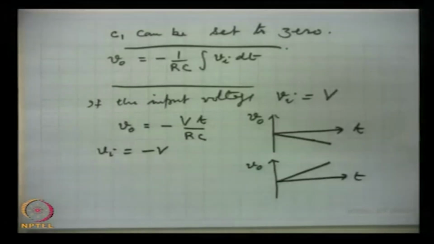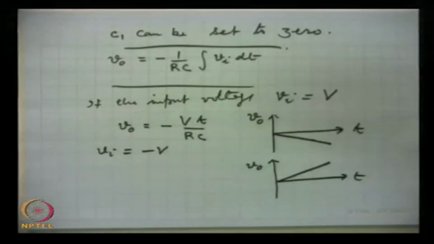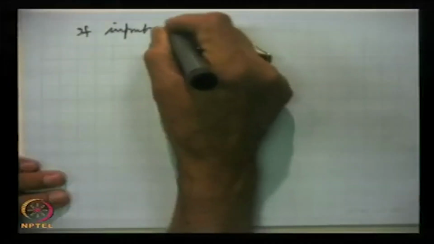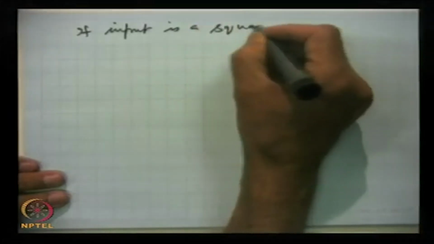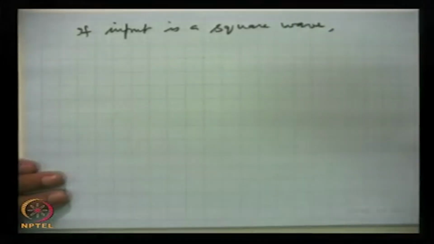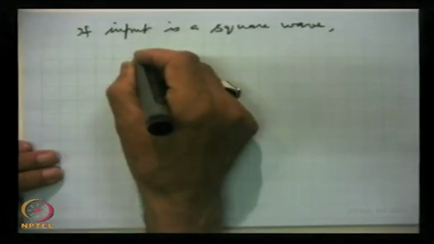And for a square wave input, we will get a triangular shape output. If the input is a square wave, the output will be triangular.